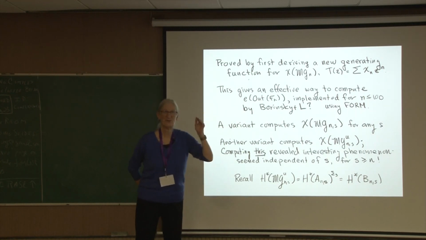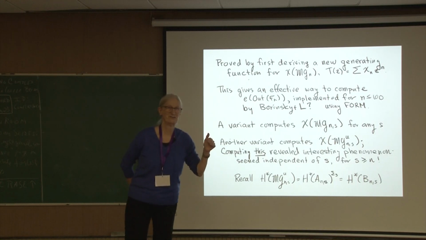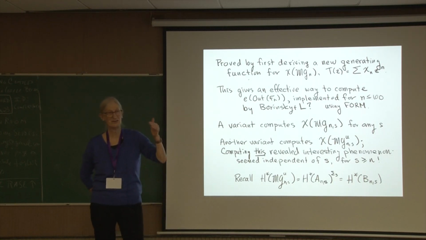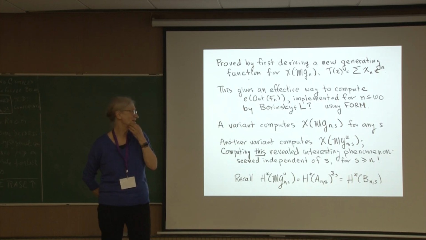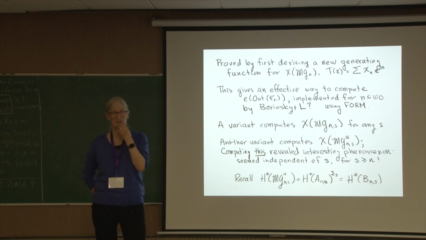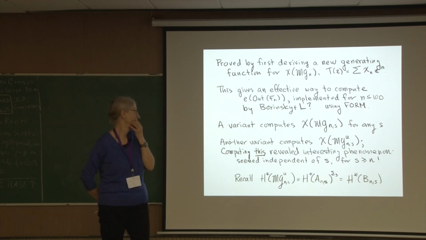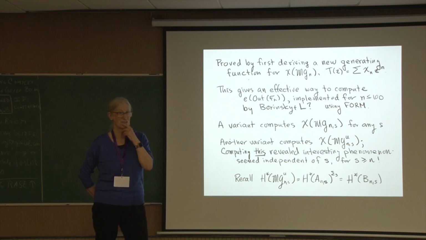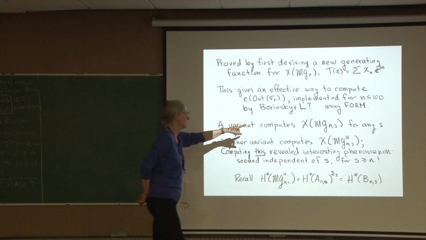But then you remember what happened with the braid group and the pure braid group. The cohomology of the pure braid group does not stabilize. It satisfies something called representation stability, if you know about that. These groups also satisfy representation stability.